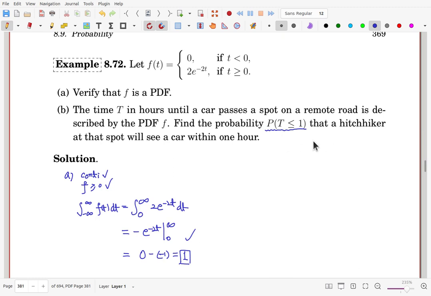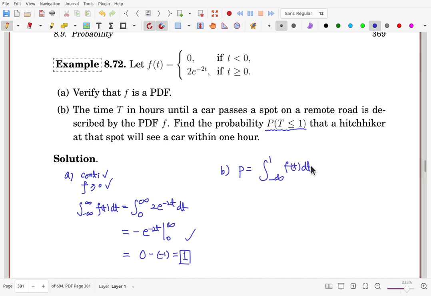That is representing a hitchhiker at that spot who will see a car within an hour. Okay, so we have to compute this one. Now the probability is the integration from minus infinity to 1 of f of t dt.